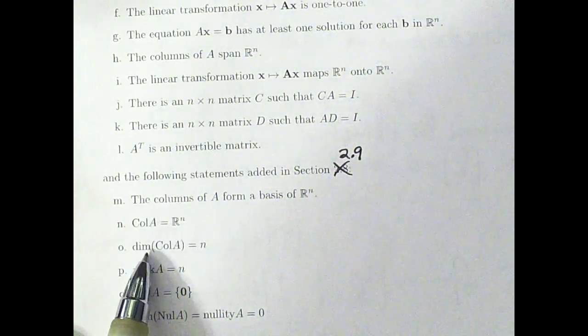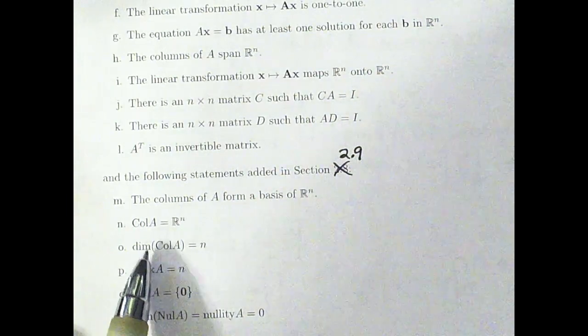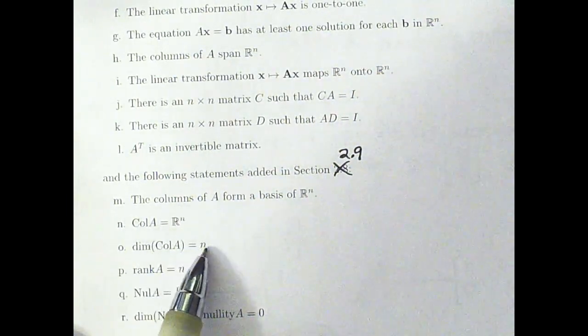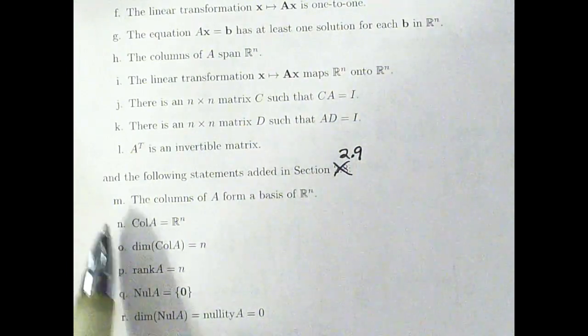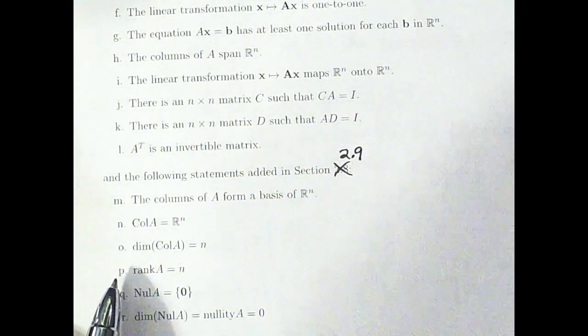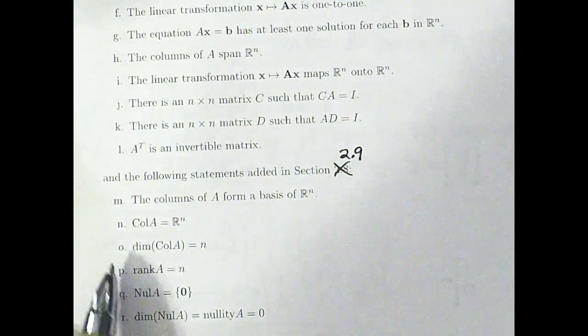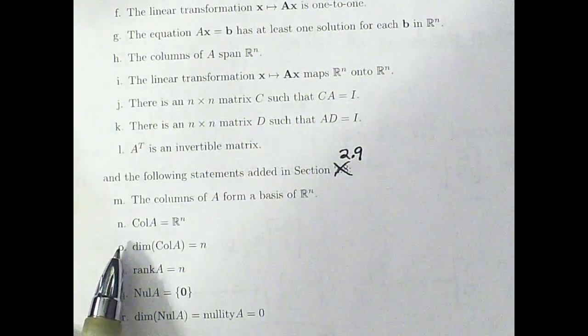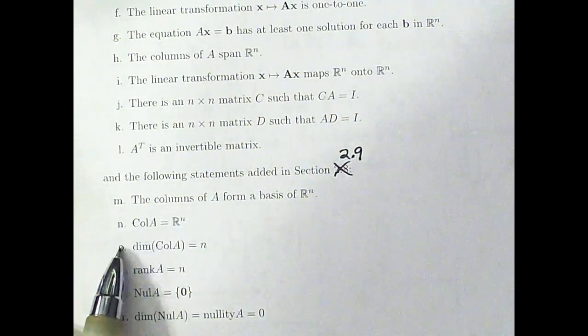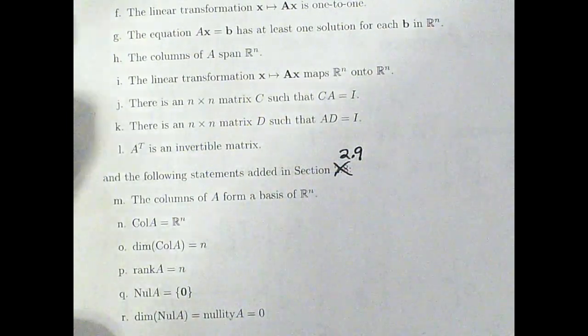Statement O seems like it follows from statement N, the dimension of column space A. Is that right? N and O go together, I think, very quickly. Oh, wow. Statement P also goes along with statement O and statement N. Those all go together very quickly, if you know the definition of rank.